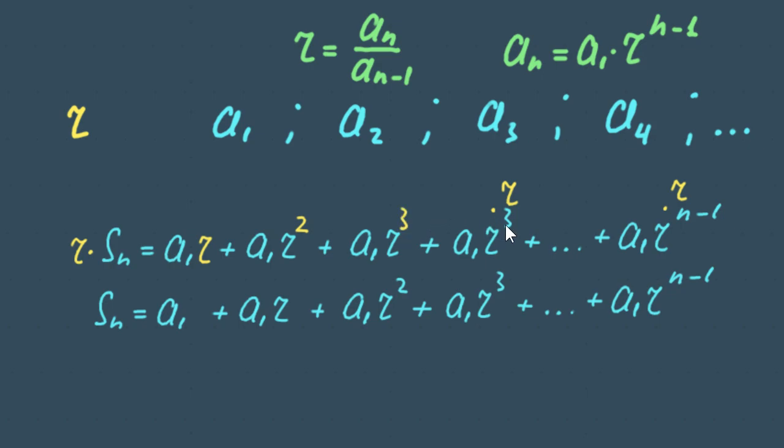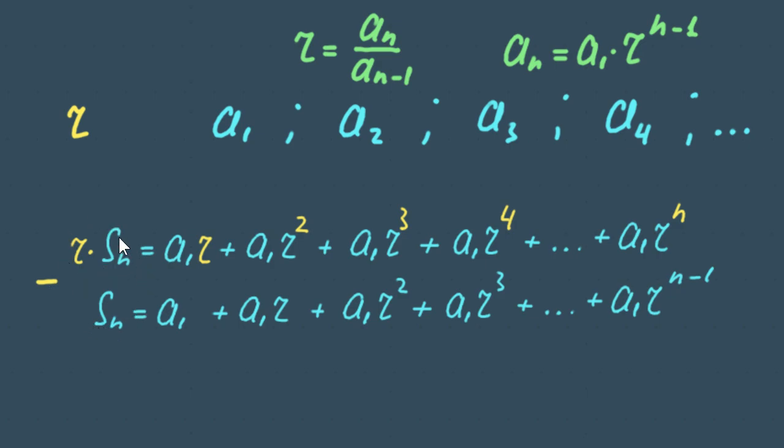Here the exponent will be equal to 4, and in the last term, the exponent will be equal to n. And now I will subtract these two equalities term by term.